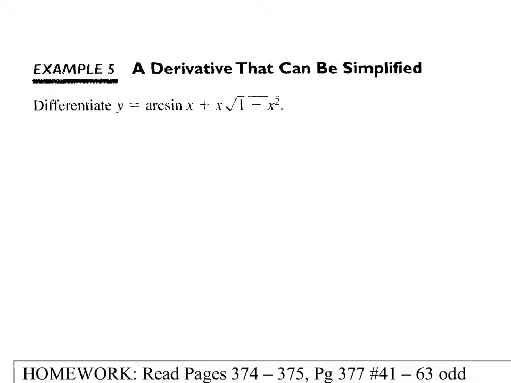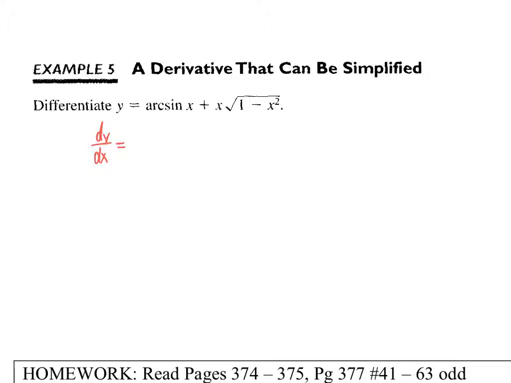But let's take a look at this derivative here. y equals arc sine of x plus x times the square root of 1 minus x squared. Okay, so we want to find dy dx.